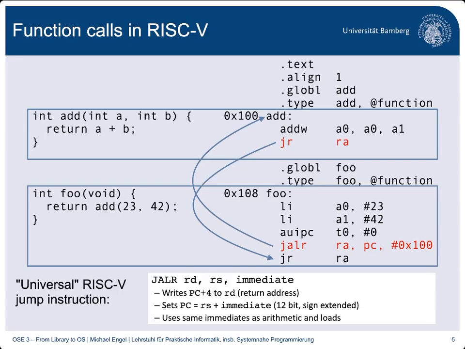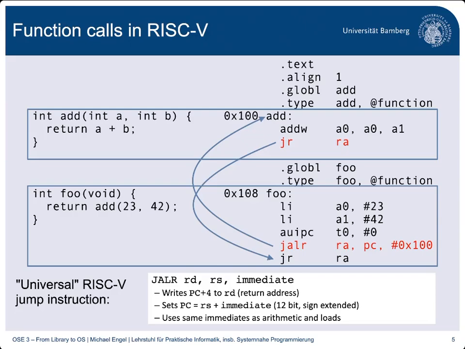We want our program to continue executing after this function we called with JALR has finished executing. So what we do with JALR, or the CPU does this for us, it stores the address of the instruction following the JALR, so our JR instruction here, inside of that link register. So we can actually use this to return to the function.